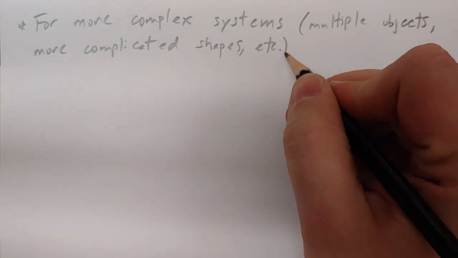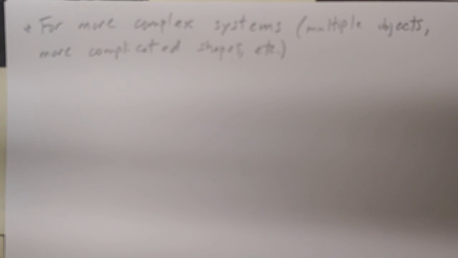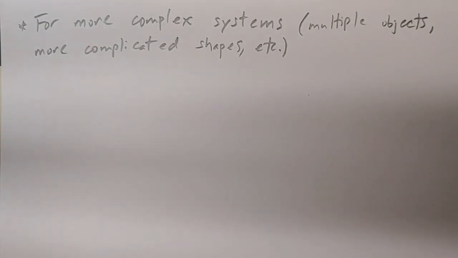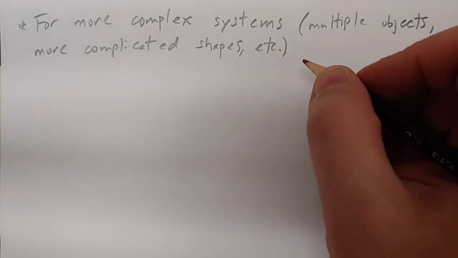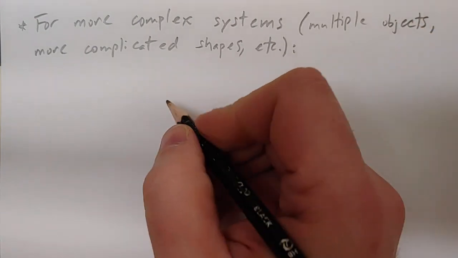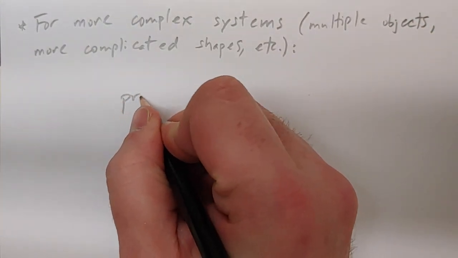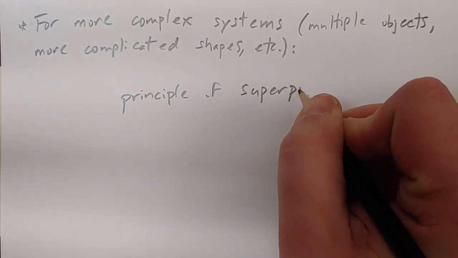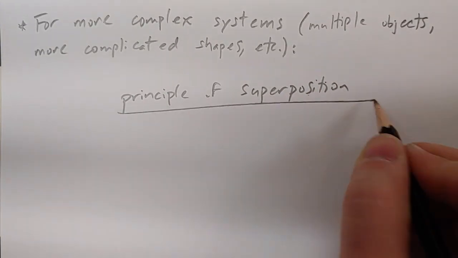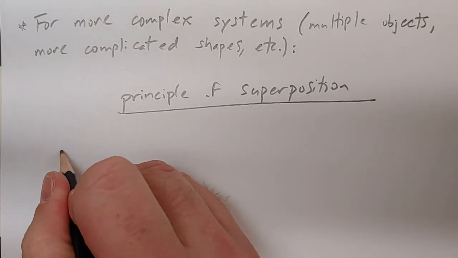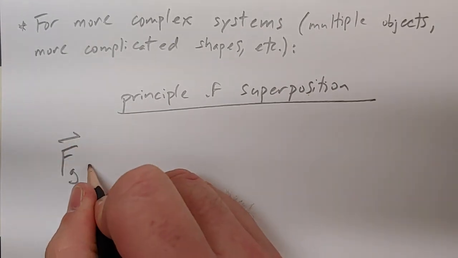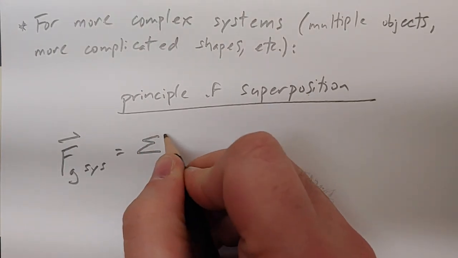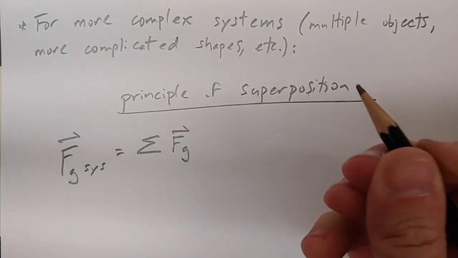And of course, we know we can treat a more complicated shape as just a bunch of objects. If you have more complex systems, multiple objects, more complicated shapes, etc., then we can use what we call the principle of superposition, which says that the force of gravity exerted by your system is just equal to the sum of the forces of gravity of the parts.